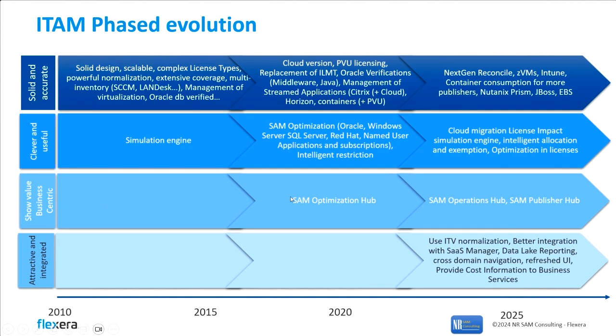And then it was a matter of showing the value and summarizing the information in the SAM optimization hub, operations hub, and publisher hub. And of course, the data lake that I've put here. This is a recent addition to this slide.